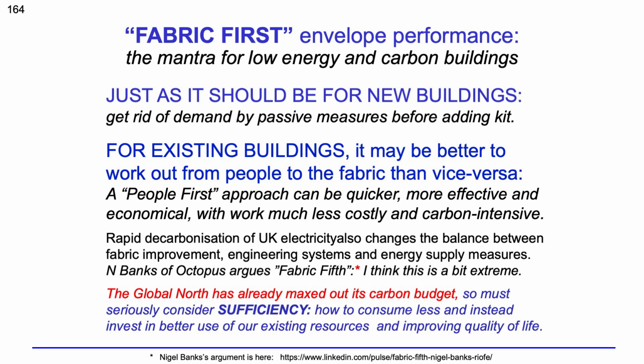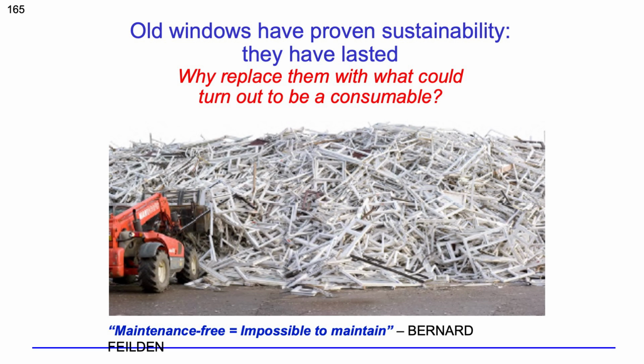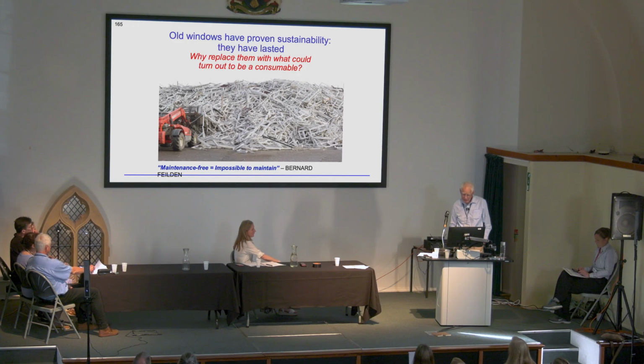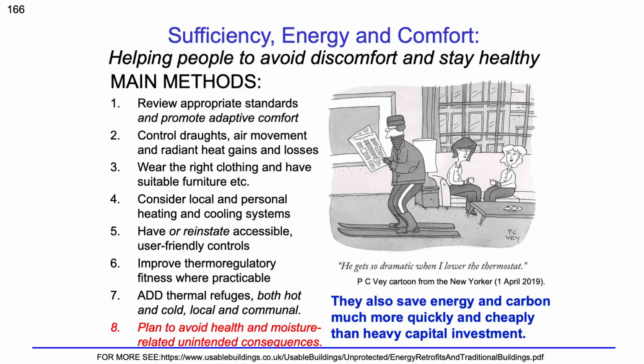And we've maxed out our carbon budget, so we can't really spend vast sums on damage limitation, which may also turn a capital good into a consumer good. And as Bernard Fielden said, things that are marketed as maintenance-free often mean you can't do anything about them when they start to go wrong. So we've got sort of people-first comfort.